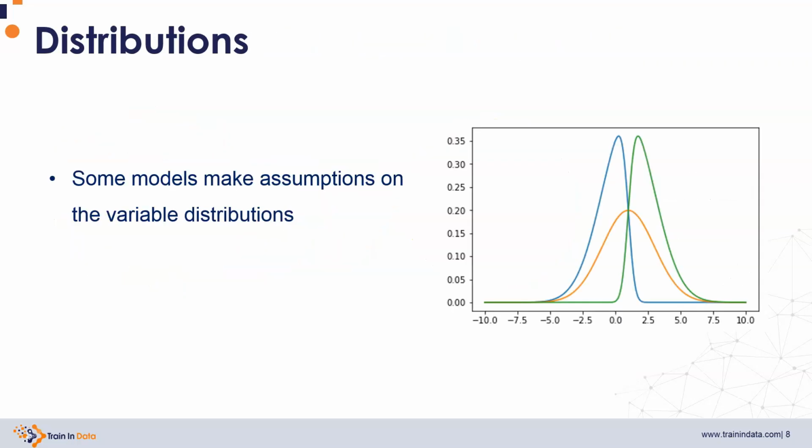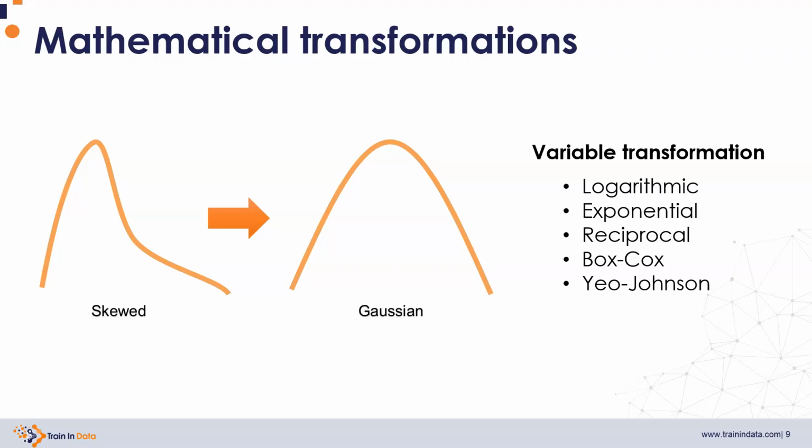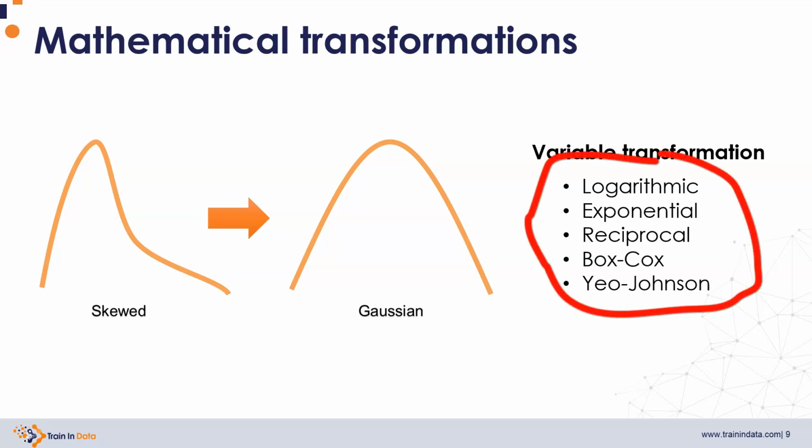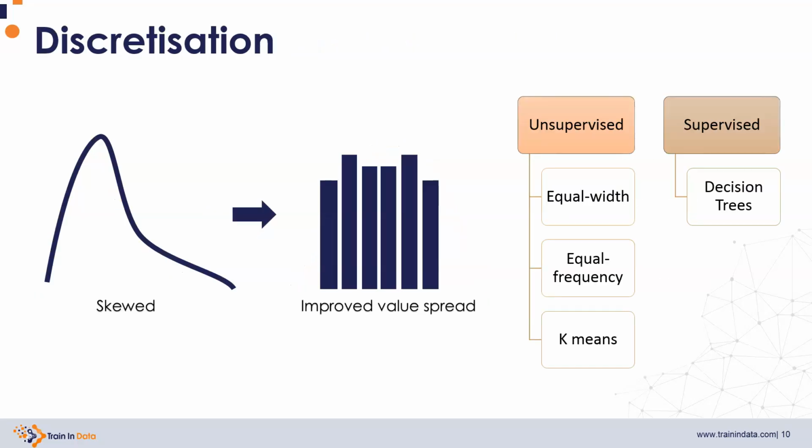To transform variable distributions, we can take two approaches. The first one is to apply mathematical transformations to try and obtain a more Gaussian-like distribution of the variable, and usual transformations are the logarithmic, the exponential, the reciprocal, the Box-Cox, or the Yeo-Johnson. Or alternatively, we can discretize our variable. This is, sort the continuous values of the variable into discrete intervals.